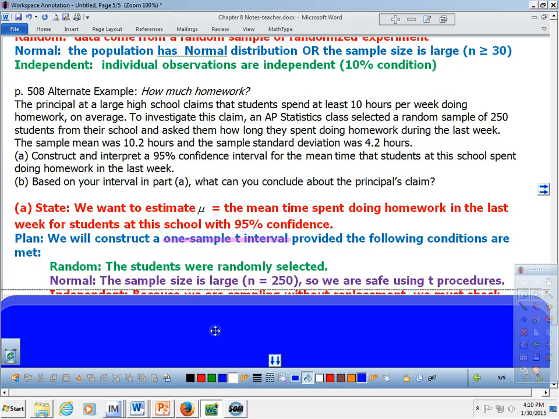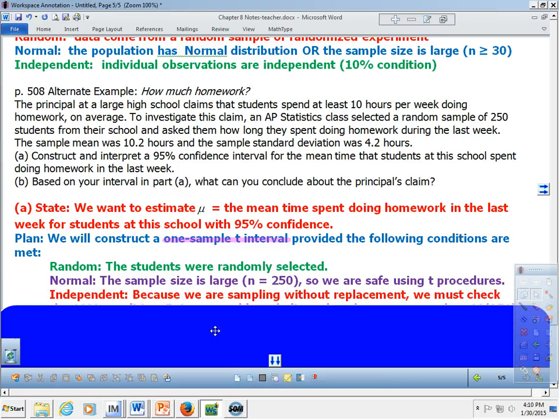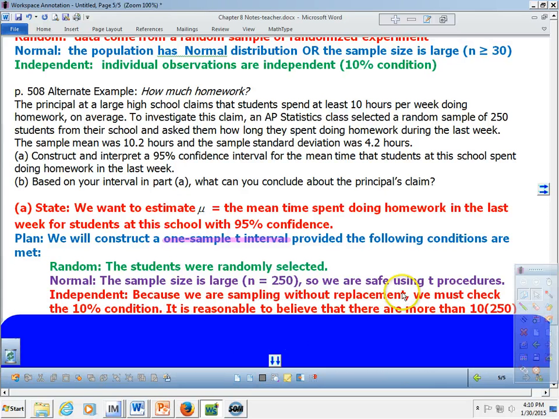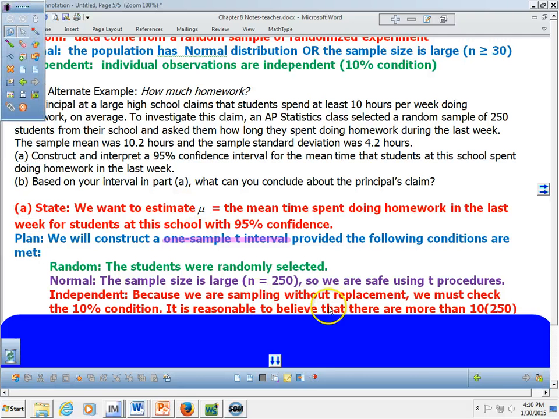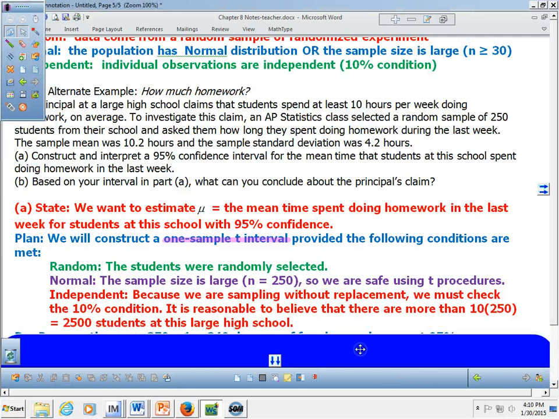And then independent: it's 250 students out of a large high school. We have more than 2,500 students from which we could choose, so it's reasonable to believe that there are more than that many students in this school. So that's what our independent condition is going to look like.